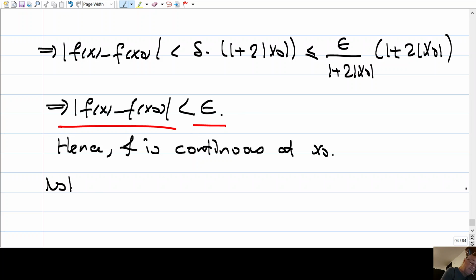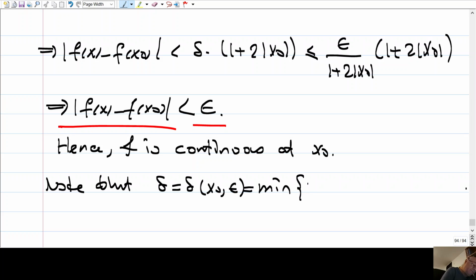Note that delta is a function of x0 and epsilon, which is the minimum of 1 and epsilon over 1 plus 2 times x0.